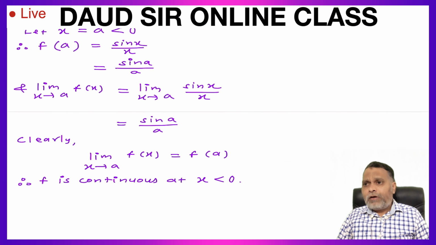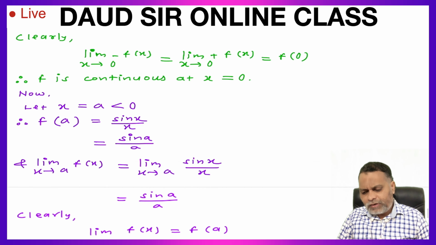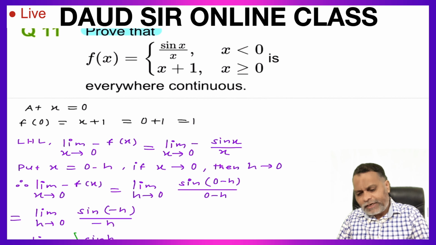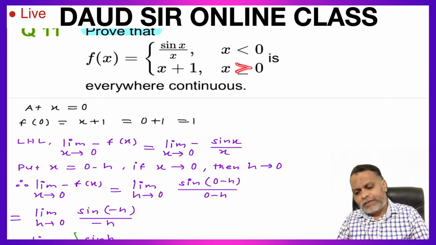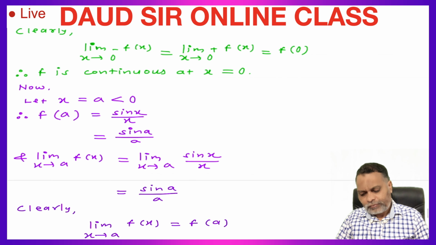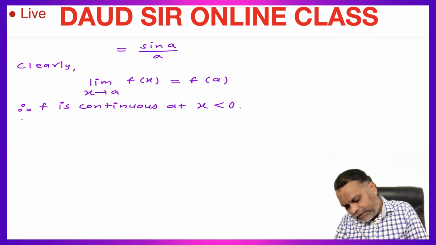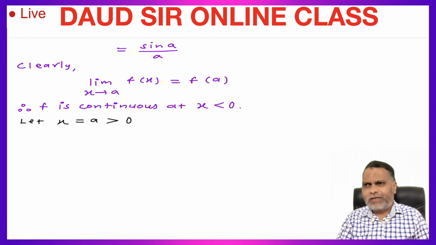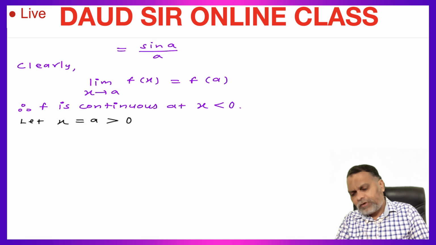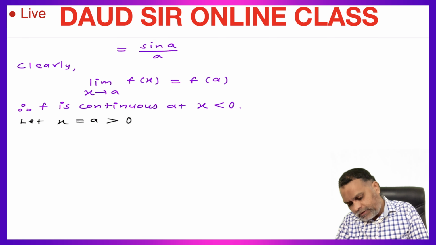Now check the continuity at x is greater than 0. Take this function. Let x is equal to a and a is greater than 0. At x is equal to 0 we already checked. So a is greater than 0.